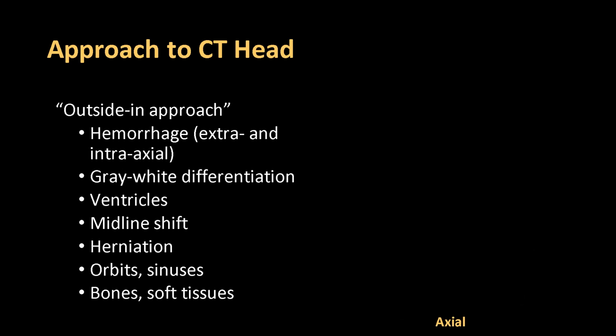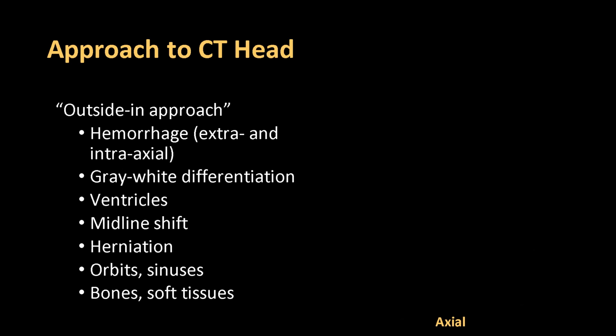So what should you do when you're approaching a CT head? This is my approach. It's an outside-in approach. I like to look at the extra-axial space first, outside the brain, for any hemorrhage, and then inside the brain for hemorrhage. Then I move on to the brain tissue itself and the gray-white matter differentiation to make sure there's no stroke, infarct, or ischemia going on.